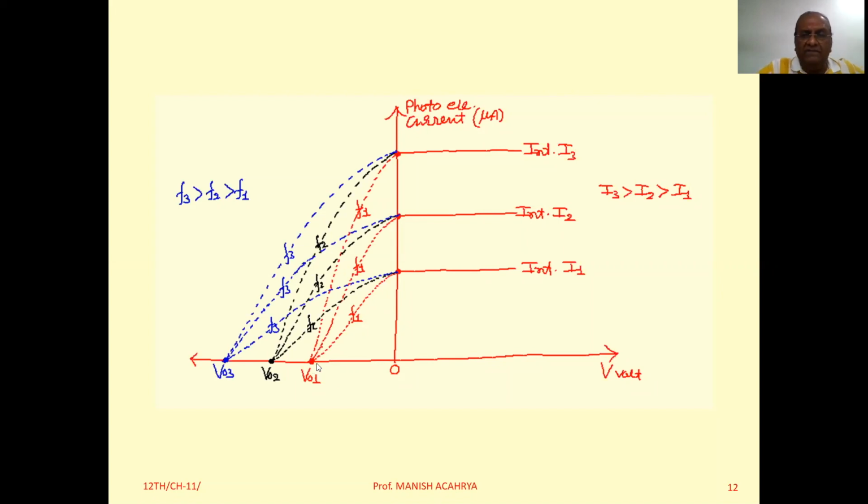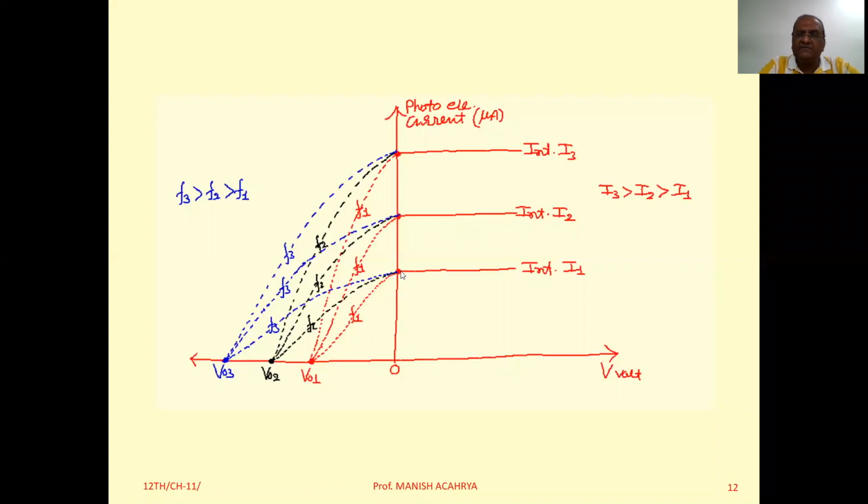That particular negative potential for which the photoelectric current becomes zero is called the stopping potential. So when the experiment was performed with the radiation having intensity I1 and frequency F1, the observations were as shown in this graph. Clear?